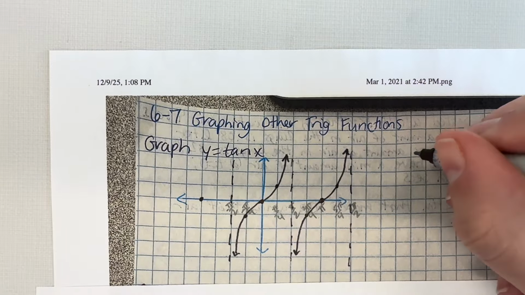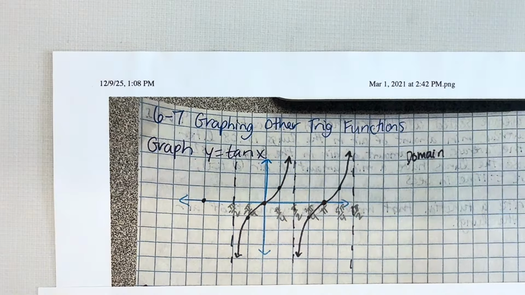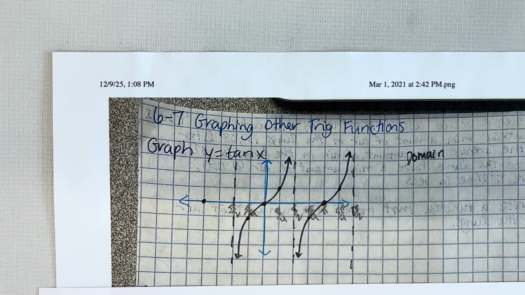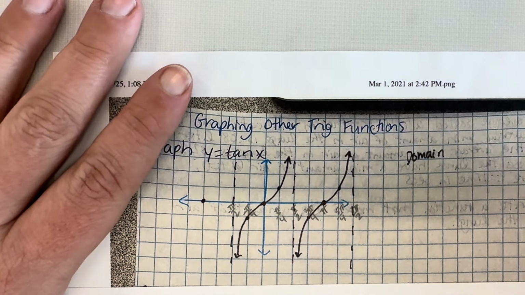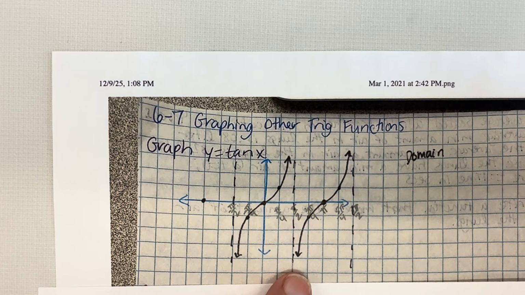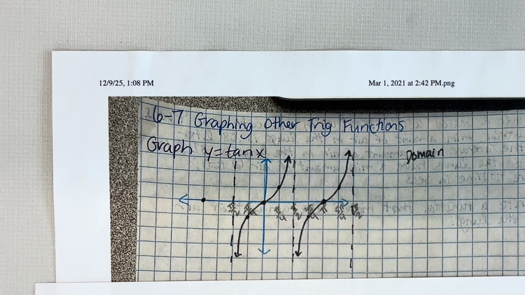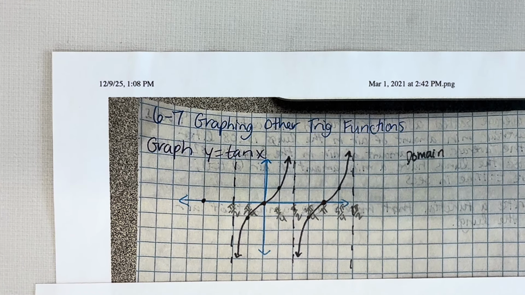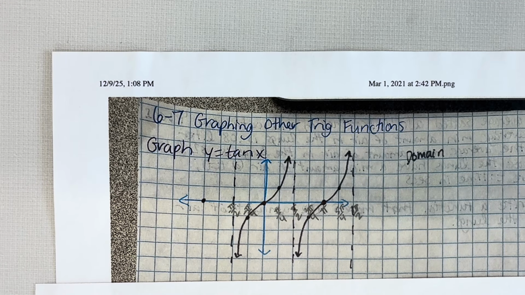So let's talk about the things that matter here. Let's start with our domain. What is the domain of this? Well, our domain, what x's does it cover? It covers all of them except for units of pi over 2.